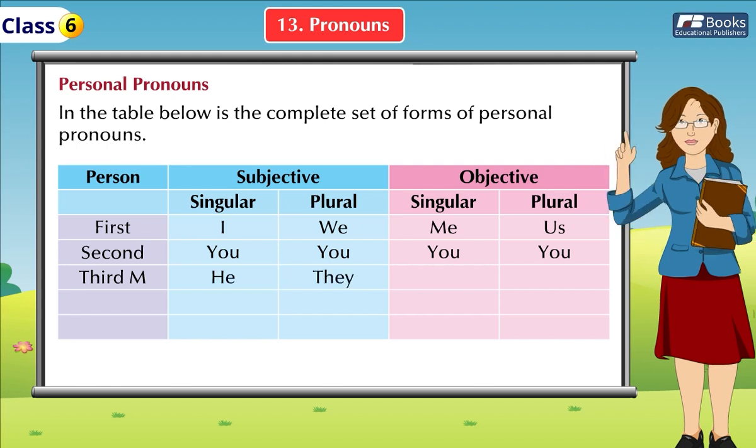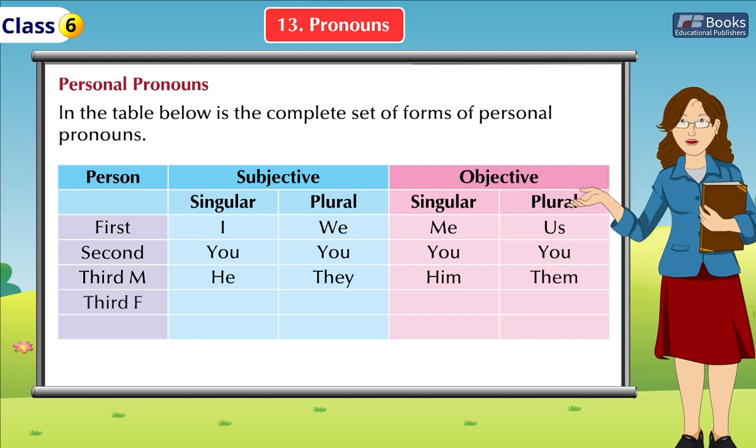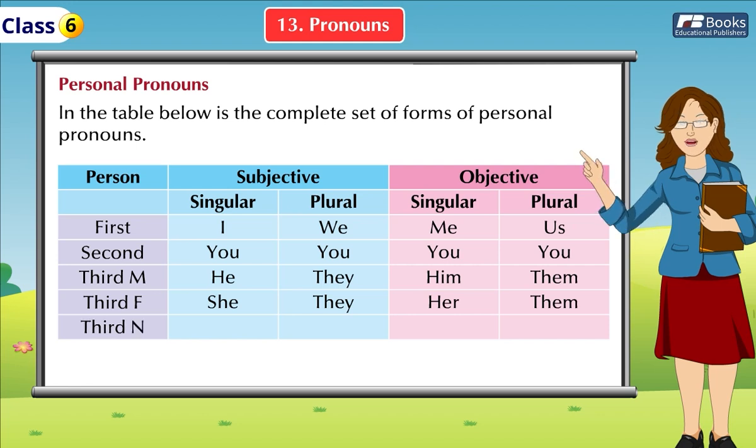Objective, singular him, plural them. Person, third, female. Subjective, singular she, plural they. Objective, singular her, plural them. Person, third, neutral. Subjective, singular it, plural they. Objective, singular it, plural them.